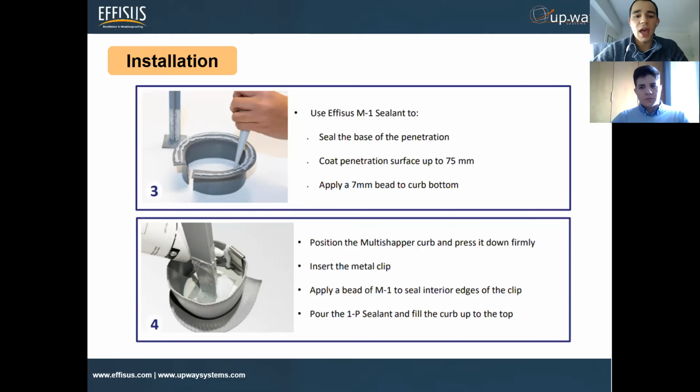We also put M1 in each edge of the clip, and after that we put our UMP sealant, that is a rubber perimeter that always stays flexible in that area between the membrane and the penetration. And I think it's as simple as this.